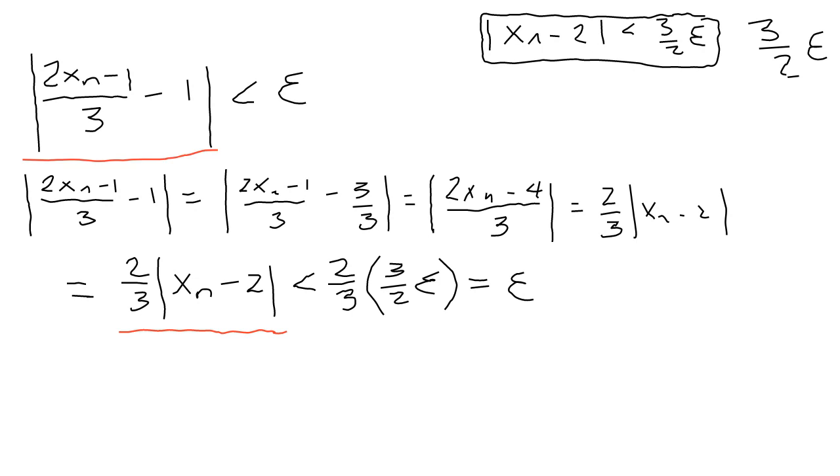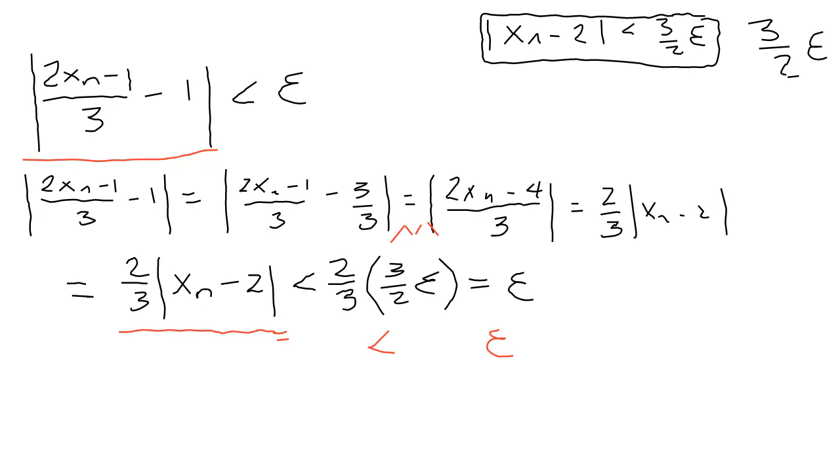Now all I do is rewrite it in a different way. We have shown that it is less than epsilon right here. That's what I wanted to prove. It's less than epsilon by using our N right here as 3 over 2 epsilon. It's going to be less than it all the time.